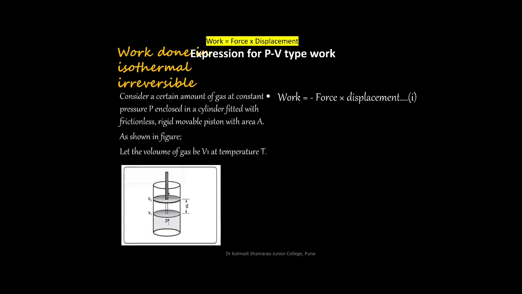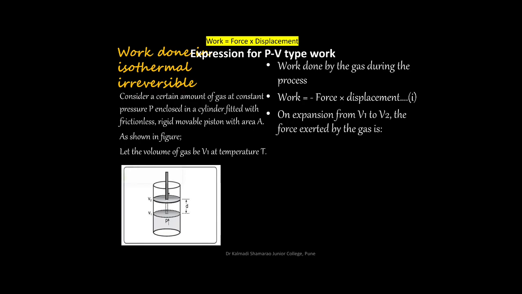Let this be equation number 1. The negative sign signifies that when the piston moves against an opposing force, the internal energy of the system doing the work will decrease.